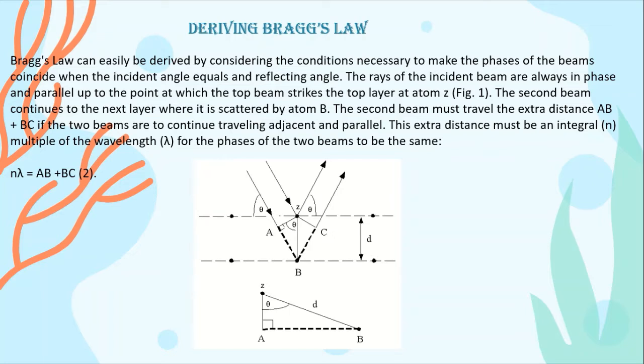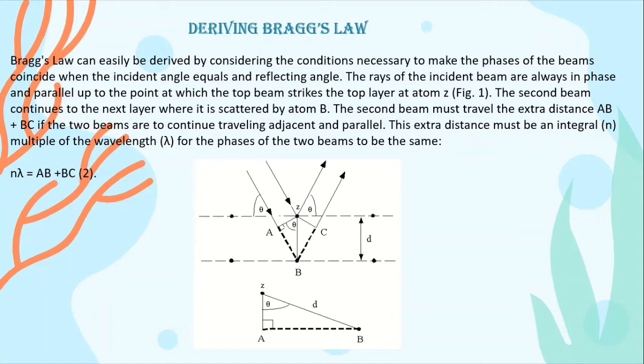The second beam continues to the next layer where it is scattered by atom B. The second beam must travel the extra distance of AB plus BC if the two beams are to continue traveling adjacent and parallel. This extra distance must be an integral multiple of the wavelength for the phases of the two beams to be the same.